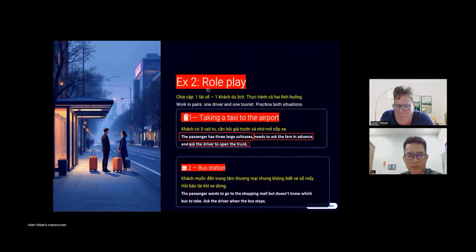Now you need to ask how much is the fare? How much it will cost you? How much is the fare? Right. You will ask this question. Okay, wait for me 1 second.